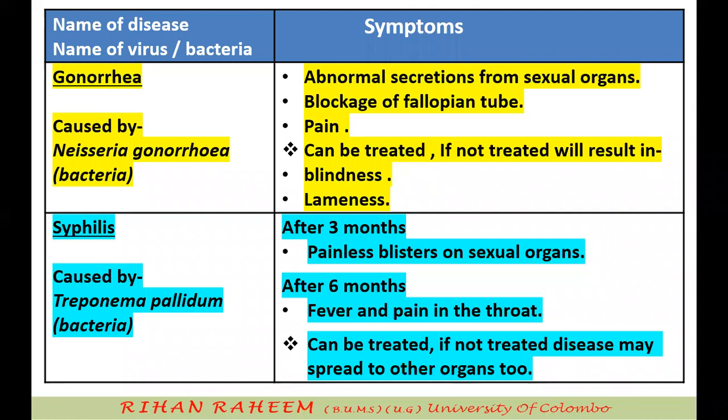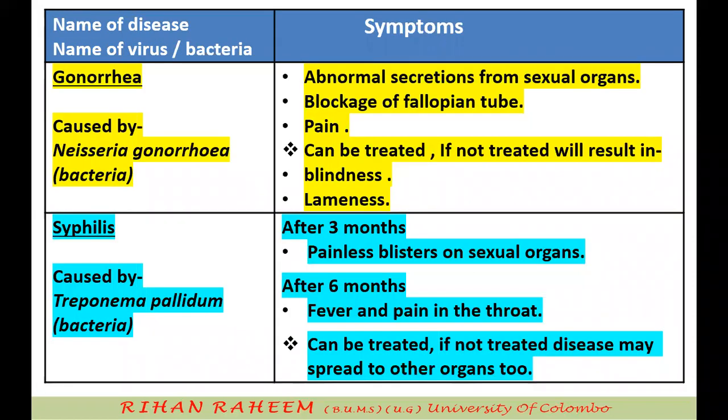When you go and test, it will be syphilis. This can be treated, but if it is not treated, it will spread to all the other organs too, and sometimes finally it may cause death. So you have to be very careful.